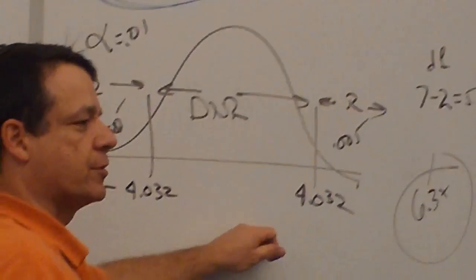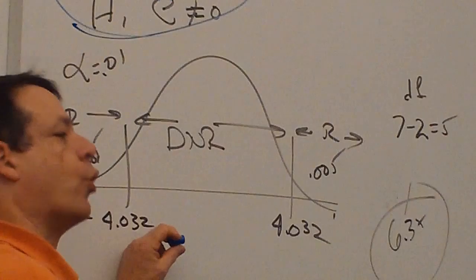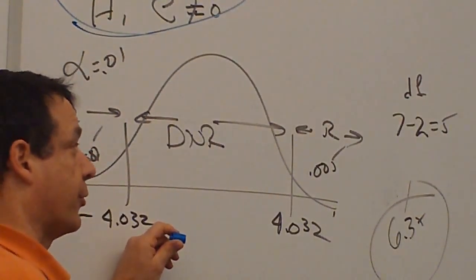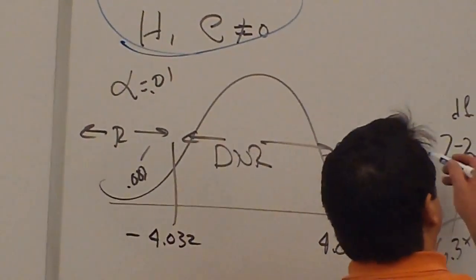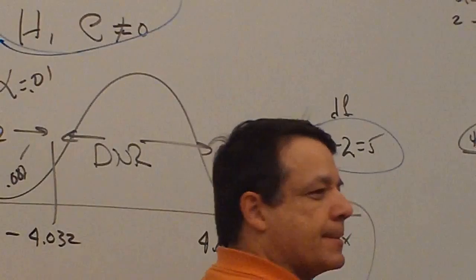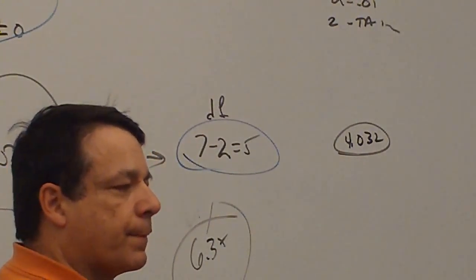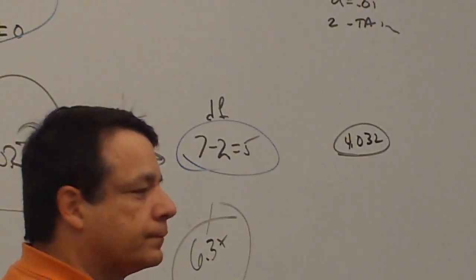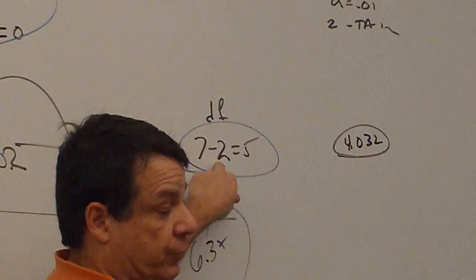That never changes. Okay? If you've got more than 30, use inverse norm. If you've got less than 30, you go to the t-table. And I will have to remember this one: n minus 2. It says n minus 2 instead of n minus 1, so you just have to remember to subtract 2.